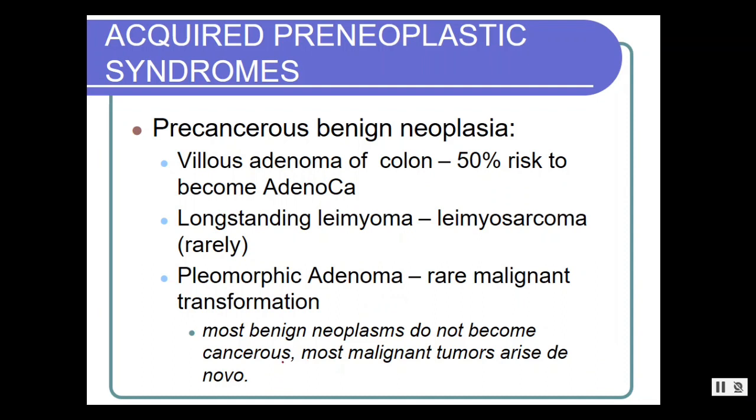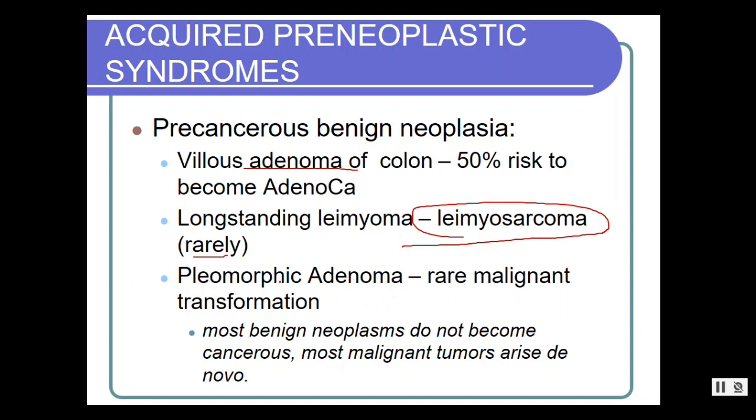There are only three. The villous adenoma of the colon, 50%. This is an adenoma, so this is benign, but 50% have a risk of developing adenocarcinoma. Long-standing myoma, a growth in the uterus, has a rare chance of developing leiomyosarcoma.